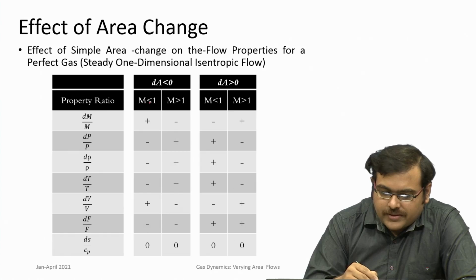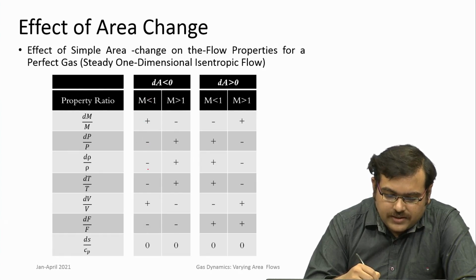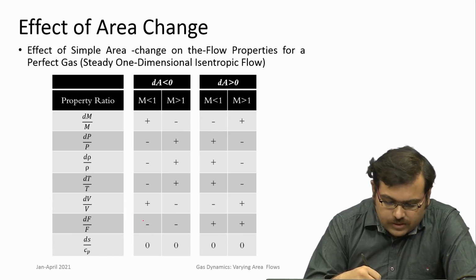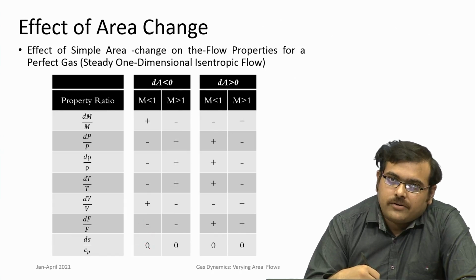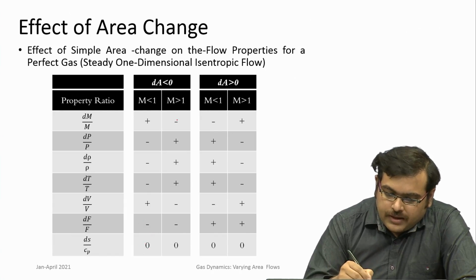If the flow is subsonic, then Mach number increases, pressure decreases, density decreases, temperature decreases, velocity increases, the impulse function decreases, and there is no change in entropy, entropy is constant.